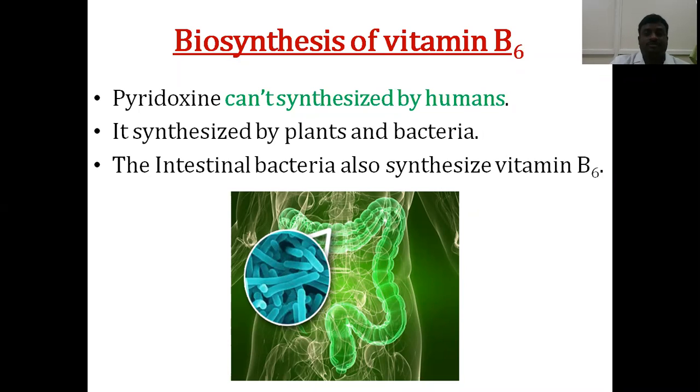Either foods from plants or from bacteria. From plants we get the vitamin directly, but from the intestinal bacteria, during metabolic processes, vitamin B6 is produced, and we get that vitamin B6 from the intestinal bacteria.